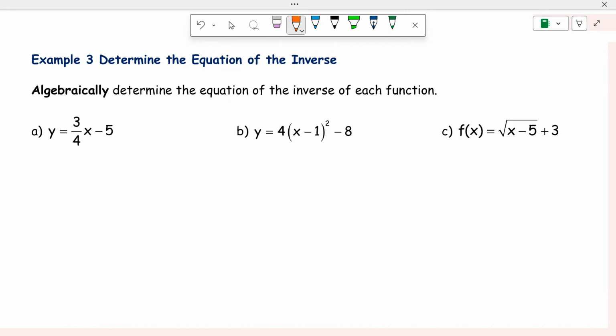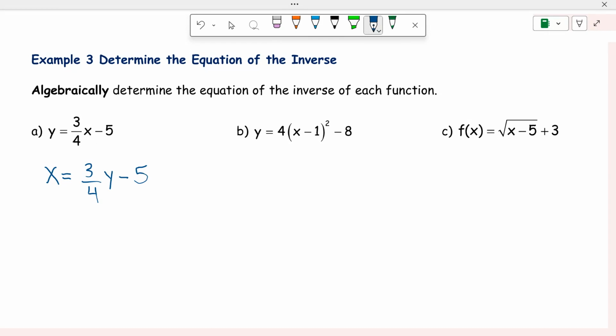So to get your new inverse function, that y you're going to change to an x, and that x is going to become a y. And then you're going to use your algebra skills to rearrange the equation, because you can't leave it as an x equals equation. Even though, I'm going to write it down: x equals 3 over 4y minus 5. Technically, if you said, Ms. Calvert, that's the inverse function, I'd be like, yep, it is.